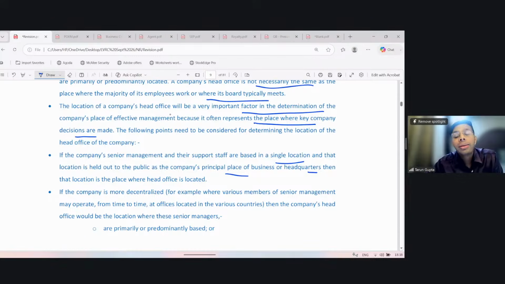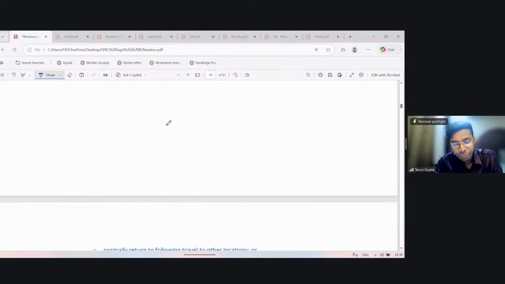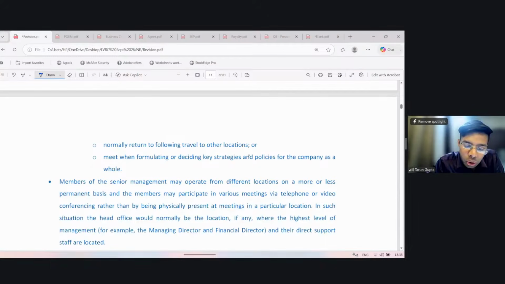If the company is more decentralized, where various members of senior management may operate from time to time from offices located in various countries, the company's head office would be the location where these senior managers are primarily or predominantly based, or are normally returned to following travel to other locations, or meet when formulating or deciding key strategy and policy for the company as a whole.